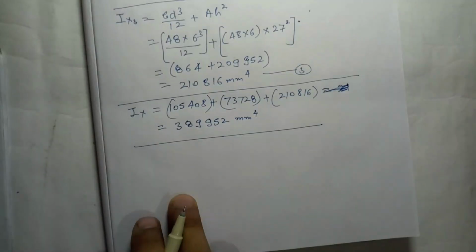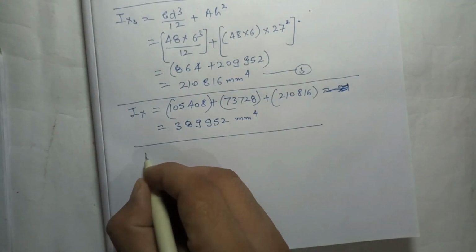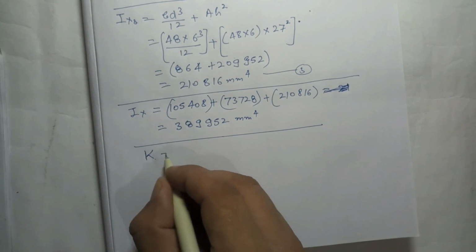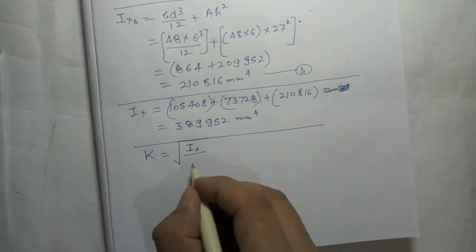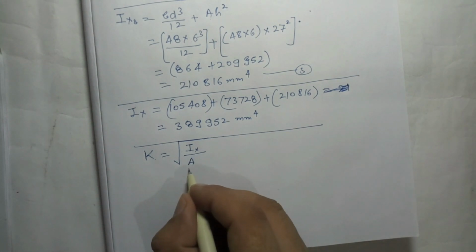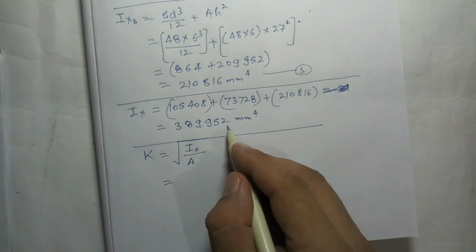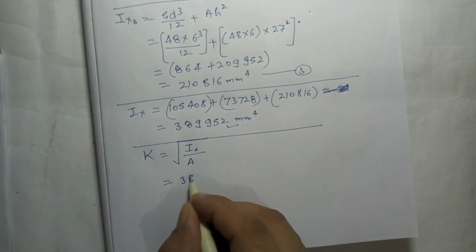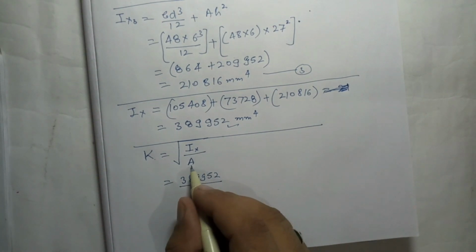Now the second part of the question is to find the radius of gyration. We represent it with k. k is equal to the square root of the moment of inertia about the axis divided by the area. The area is for the complete object, so we fill in the same value. We have the moment of inertia of the complete object, 389952, divided by the area of the complete object.